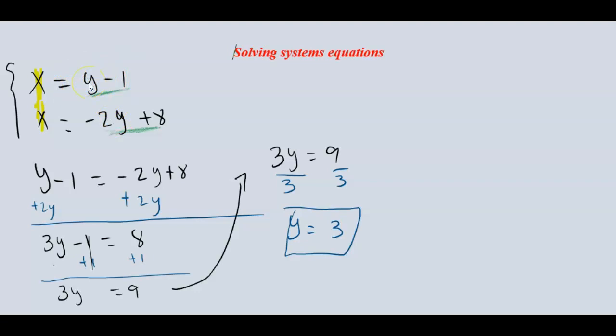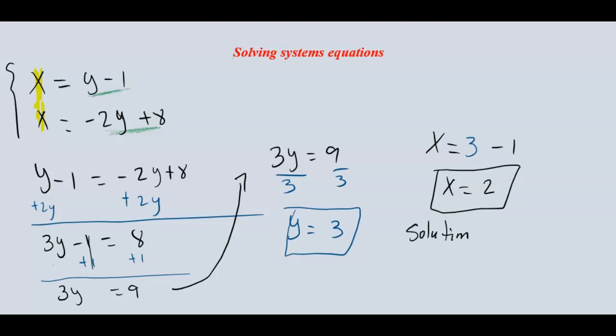So we're going to have x equal, now the value of y is 3, so 3 minus 1. 3 minus 1 is 2, so x is equal to 2. So your solution is x is 2 and y is 3.